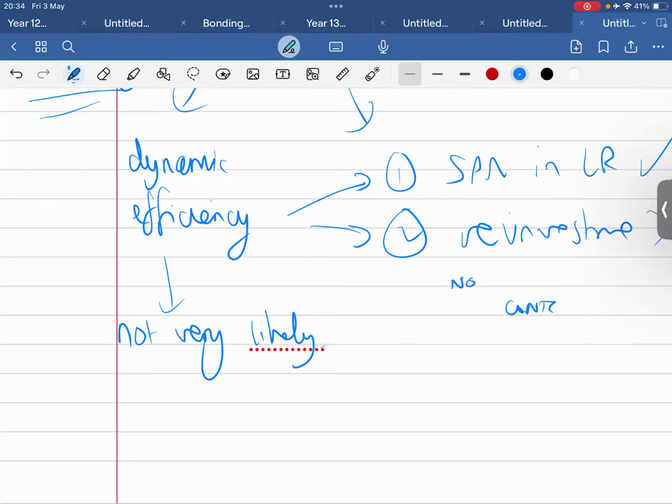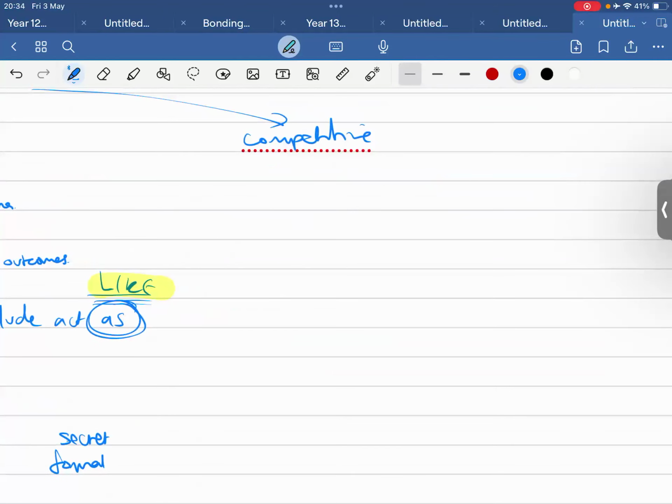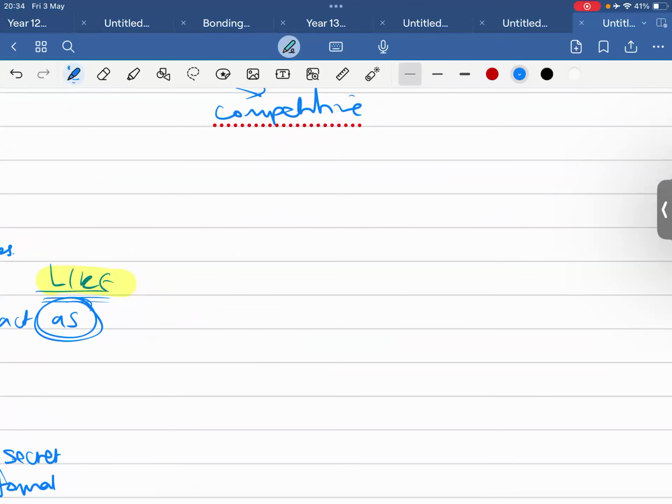And then link that to barriers to entry, which are very, very high. There's a lot of other points, but these are enough for you to write an essay on. You're more than welcome to add more points, but I don't really see the point of going into so many points in a lot of detail that you won't have time to write about.